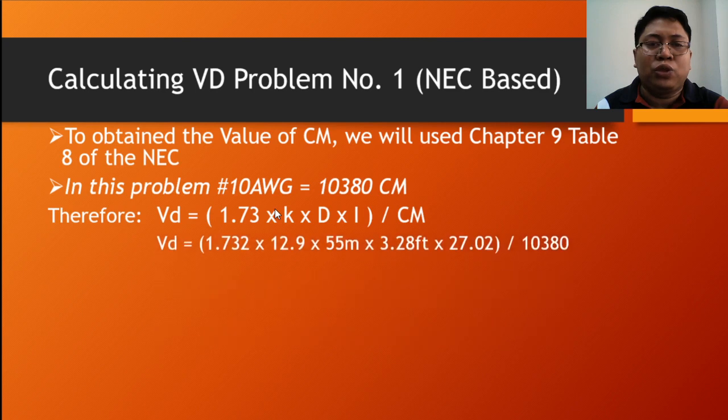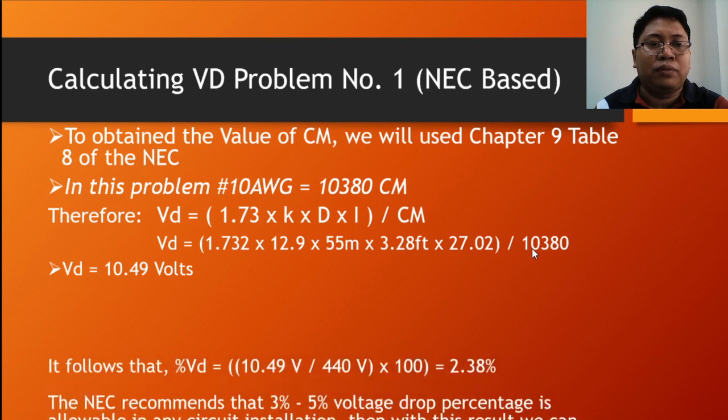So, direct substitution tayo ulit. 1.732 multiplied by 12.9 for the copper, multiplied by 55 meters. Since we are using the NEC, 55 meters should be converted into feet. So, multiply natin by 3.28 feet, then multiply by 27.02, then divide mo sa 10,380. The result will be 10.49 volts.